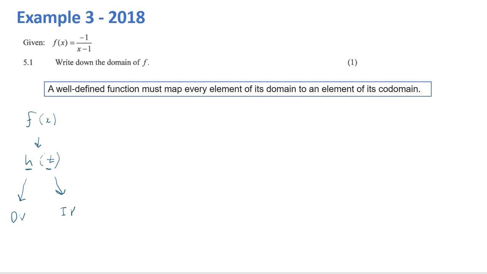And this comes in if you want to know the domain. If I read out what I copied here, a well-defined function must map every element of its domain onto the element of its codomain.